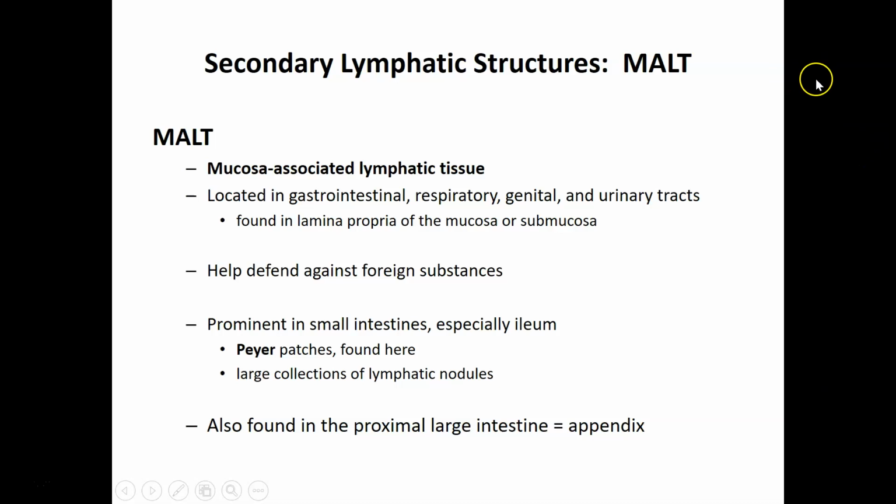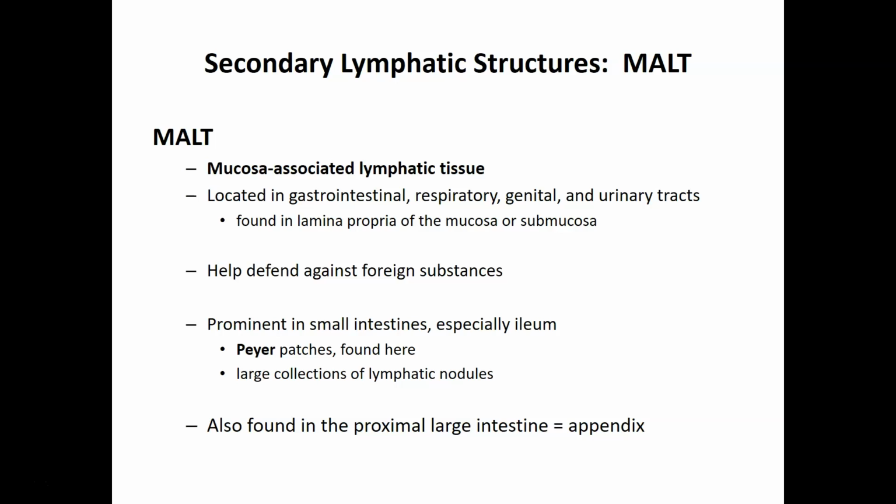All right, last structure is actually not a structure, but a group of structures referred to as MALT, which is mucosa-associated lymphatic tissue. And this is lymphatic nodules that are not encapsulated. They're embedded in a mucosal membrane. And it could be any mucosal membrane, and that includes the digestive tract, respiratory tract, urinary tract, and the reproductive tract.